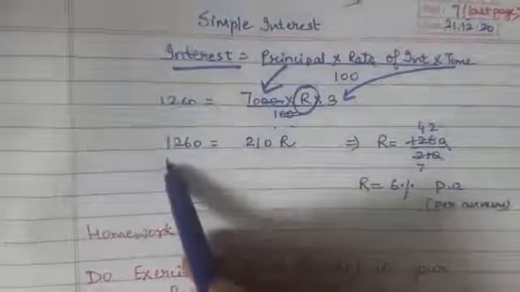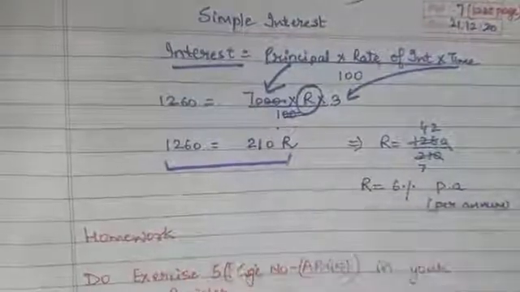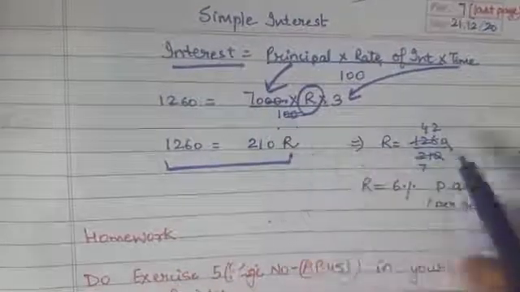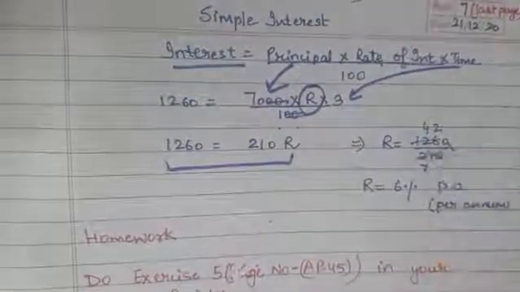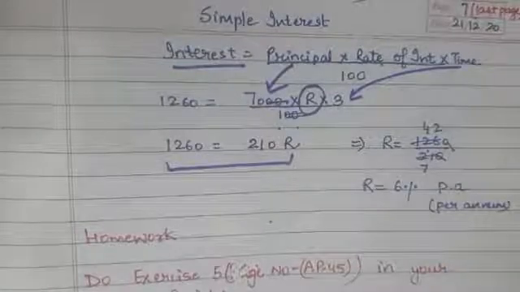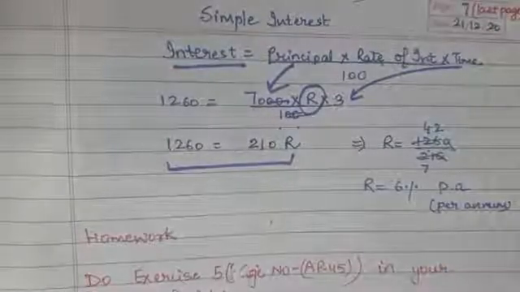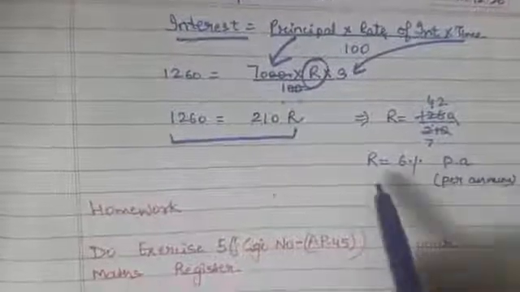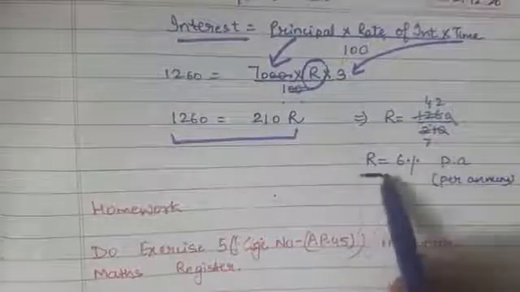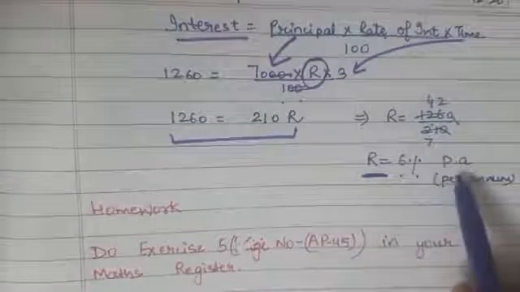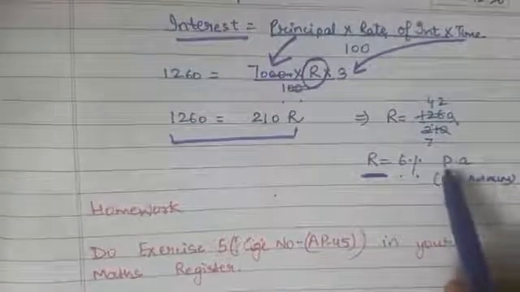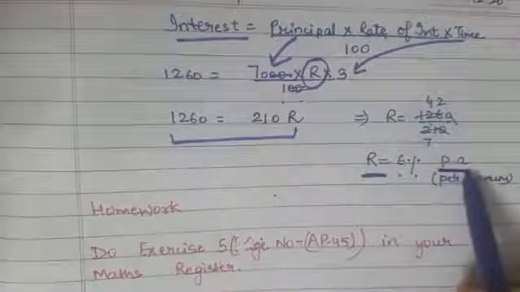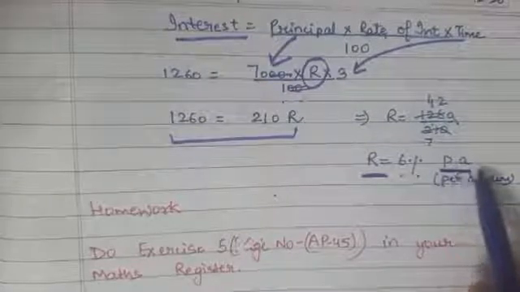We are left with this. So rate of interest will be 1,260 upon 210. And on cancellation, finally, the rate of interest is 6% per annum. You can simply write it as p.a.